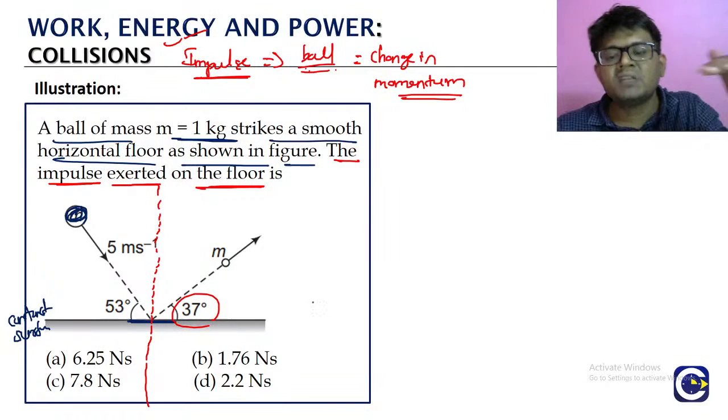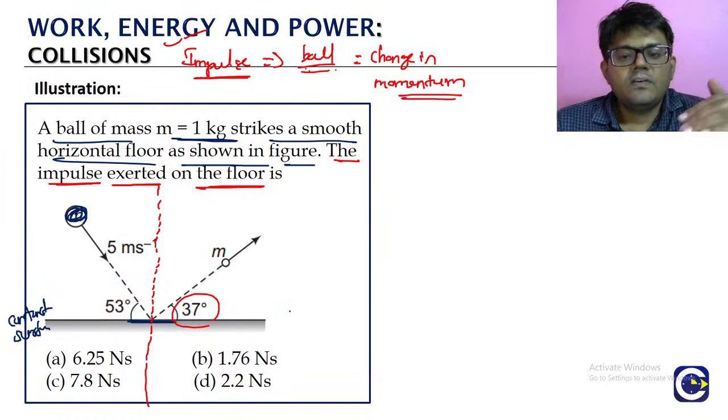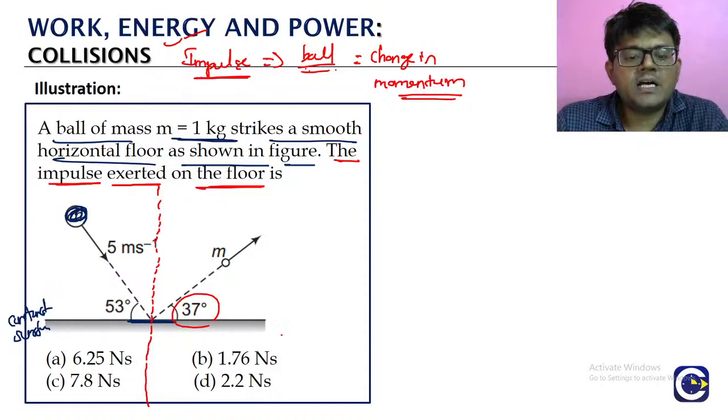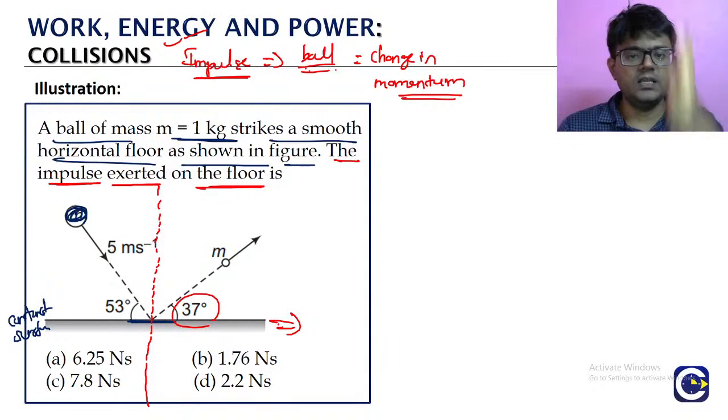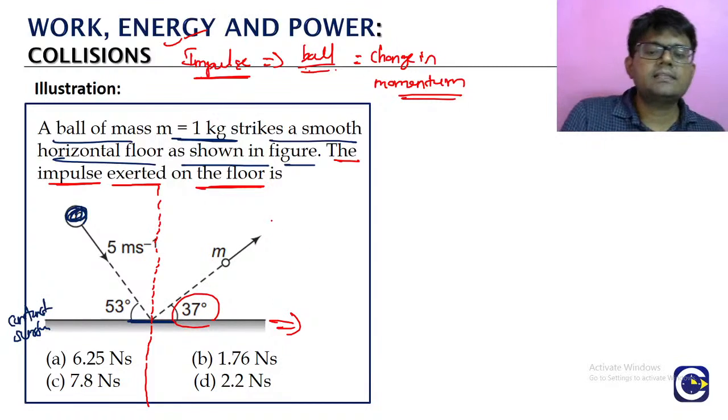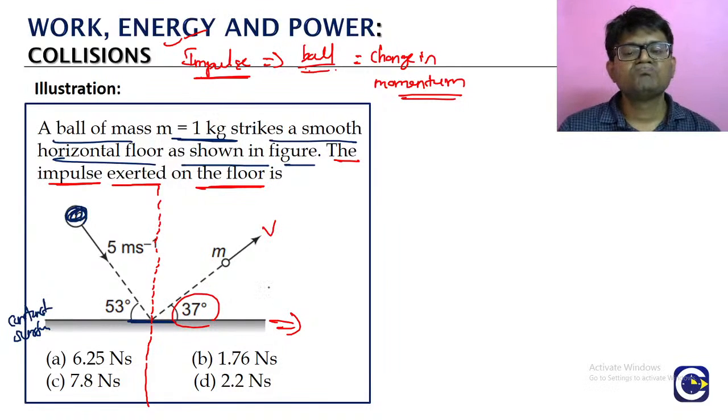We know the velocity components along the contact plane will remain the same, they will not change. Only the velocities along the normal line will change. See how we can do it. Let us say v is the velocity of the mass m after the collision.